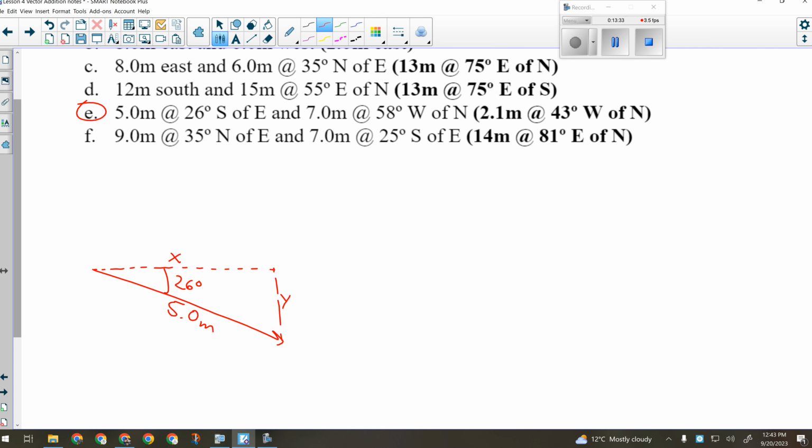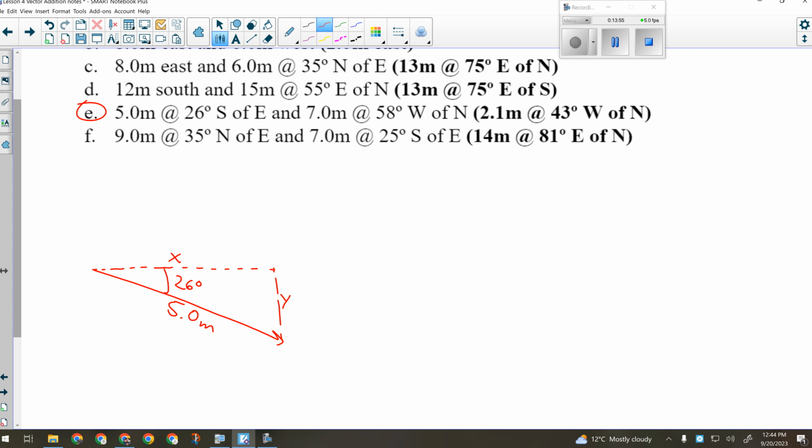Okay, so that's my first vector. My second vector is 7 meters, 58 degrees west of north. Okay, everybody with me there? Okay, does that go almost right back along the first vector? Almost, okay, not quite, right, but almost.